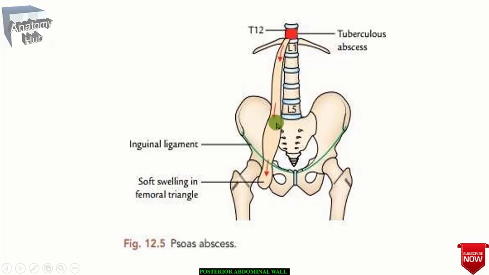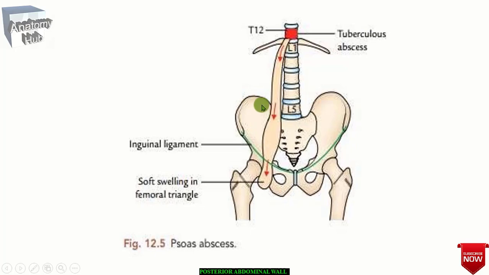Tubercular infection of the vertebrae of the thoracolumbar region causes destruction of their bodies, leading to the formation of an abscess, and the pus from this abscess cannot spread anteriorly due to the anterior longitudinal ligament, therefore it spreads laterally into the psoas sheath, forming the psoas abscess.